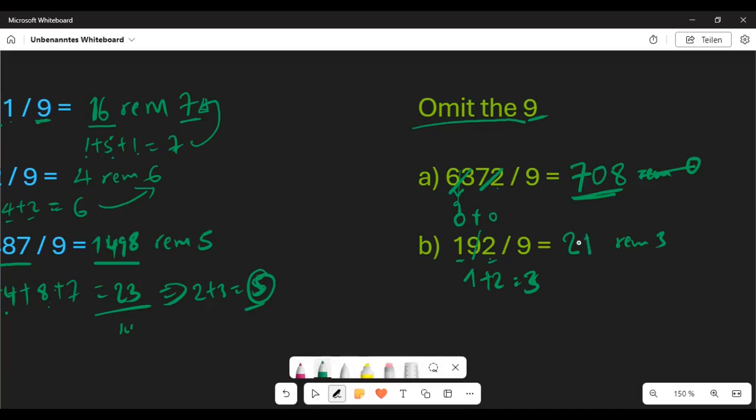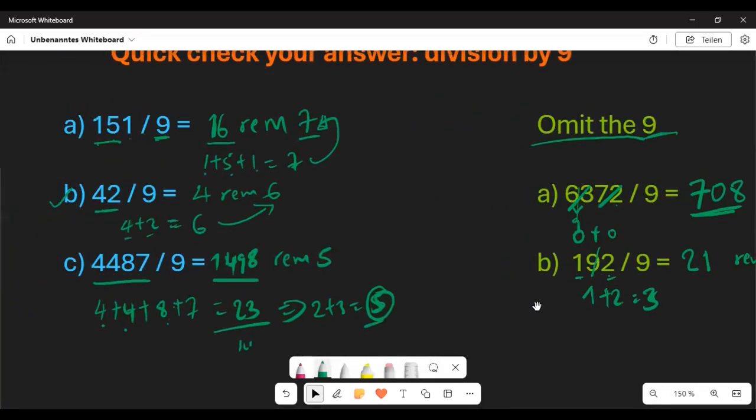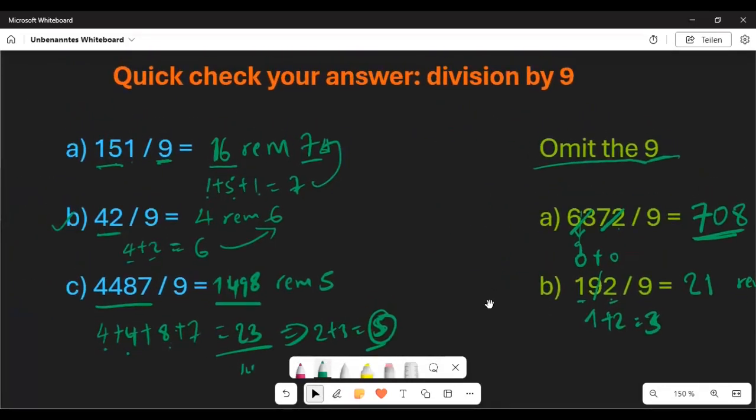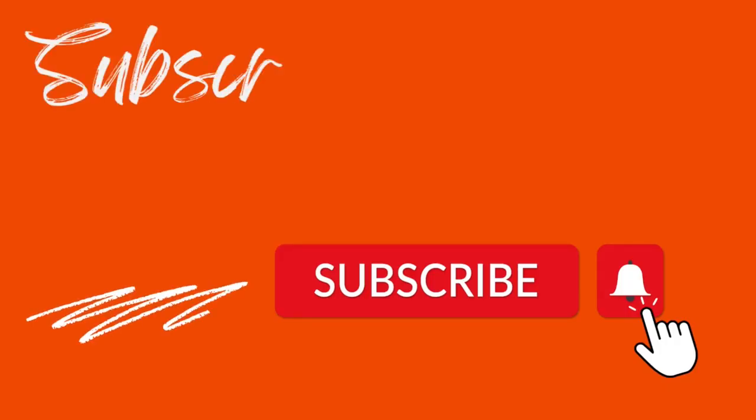Now 12 minus 9 is 3. Those are 2 ways to check your answers: by omitting the 9s in the number, or by checking the sum of the digits that you're working with. Thank you so much for listening.